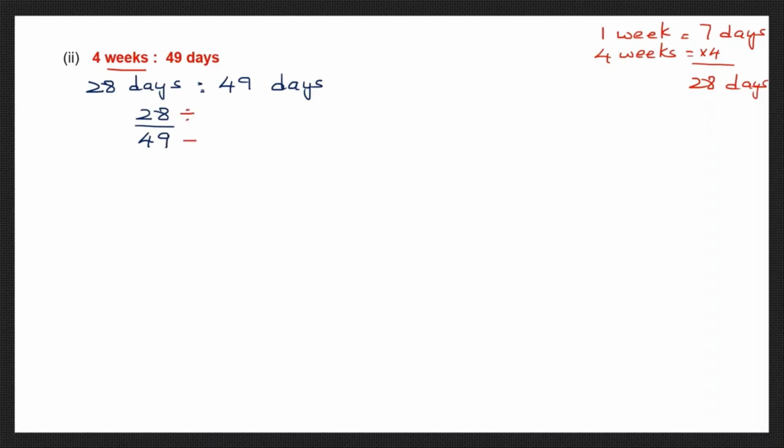Here we can divide both by 7. Now we have 7 fours are 28 and 7 sevens are 49. So our fraction is 4 by 7 and our ratio is 4 is to 7. Final answer 4 is to 7.